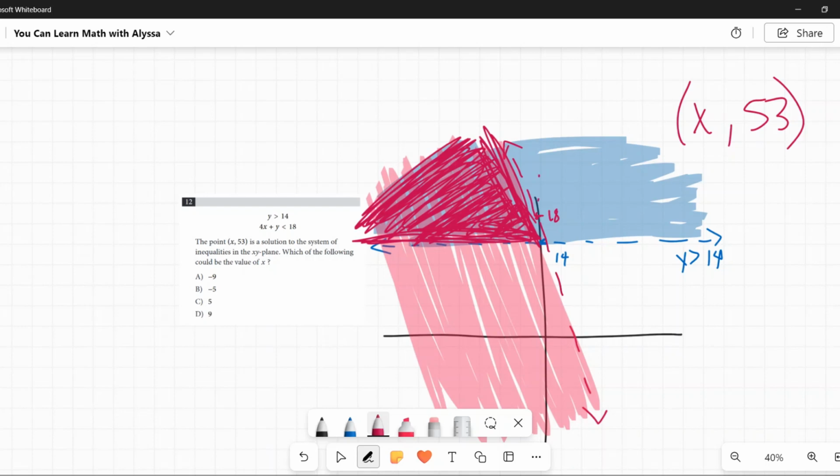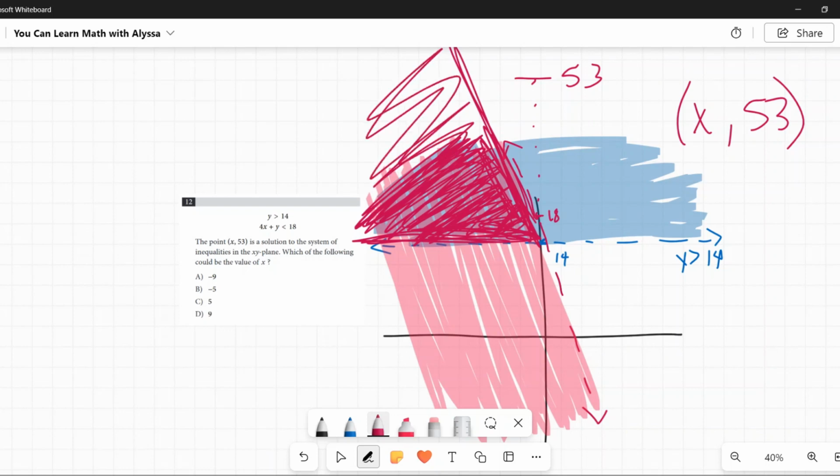So you're going to go up here until you find where y is 53, because it's going to keep going up this way. And you're going to look and see which of these x values is in that shaded area when y is 53. Is it 9? Is it 5? Is it -5? Is it -9? Those are our 4 options.